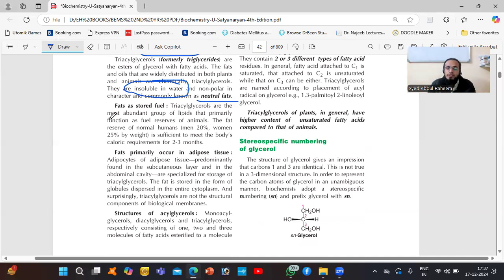In normal humans, we need 20% fat; women need 25% of triglycerides. Even if we don't eat for 2 to 3 months, the fat will be utilized as energy. It is sufficient to meet the body's calorie requirement for 2 to 3 months.